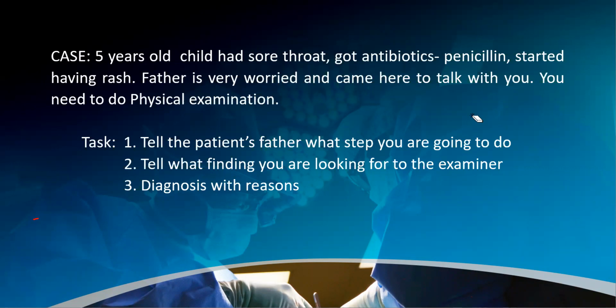On general appearance, George, we are looking for any obvious sign of distress, any lethargy, or any drowsiness. And also we are looking for any signs of dehydration. Yeah, that is the main thing we are looking for. Would you like me to explain how we check the dehydration signs, or how we check the general appearance, that sort of thing?